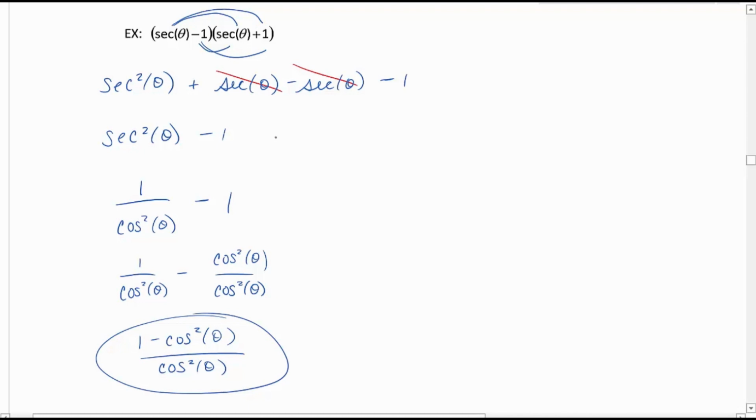But from here, we have another option on what we could do. Secant squared is part of a Pythagorean identity. Tangent squared plus 1 equals secant squared.